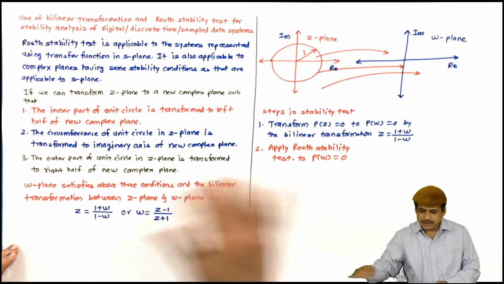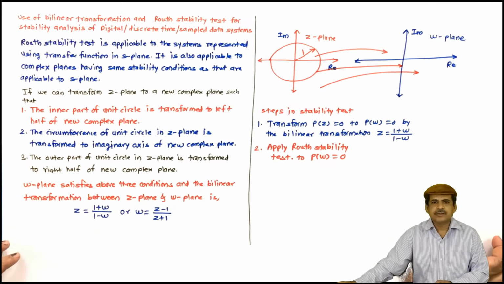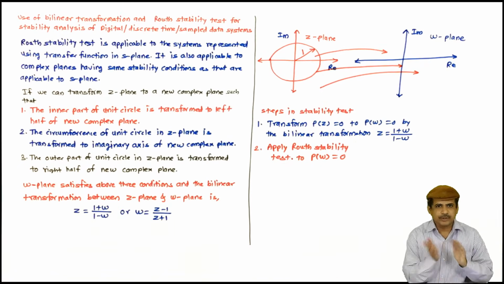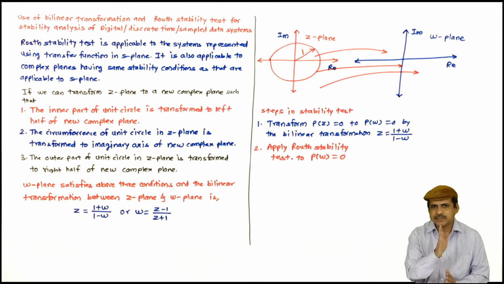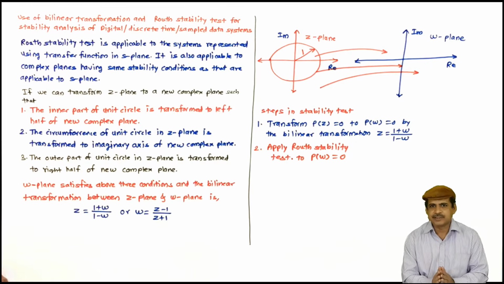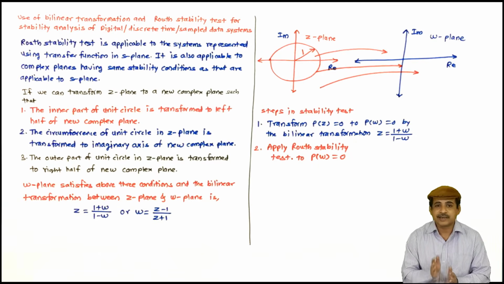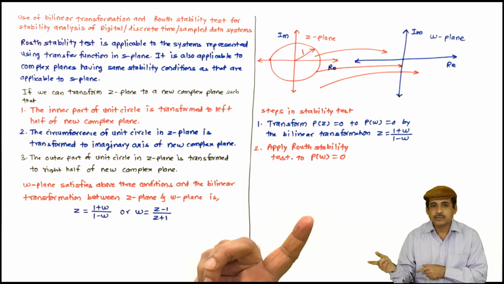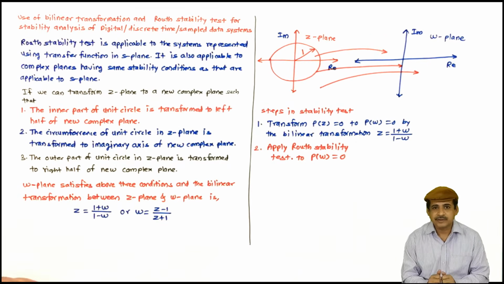So what we have seen so far, let us revise quickly that Routh stability test can be applied to S-plane. It is also applicable to a similar plane which has same stability conditions. And that means to analyze the stability of discrete time system, we can use Routh stability test if we can transform the characteristic equation P of Z equal to 0 to a new characteristic equation in new complex plane. And how that complex plane shall be?